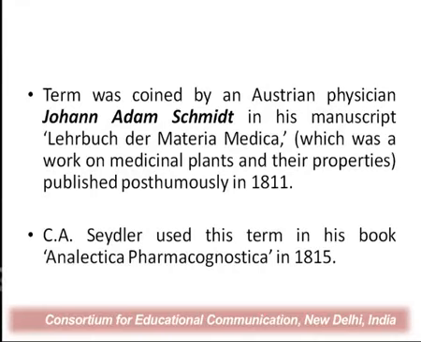So Schmidt was the first person who mentioned the term Pharmacognosy in his manuscript, and though he died before it was published, he is considered the father who gave the term. Later on, in 1815, C.A. Seydler also used the term Pharmacognosy in his book Analecta Pharmacognostica. This was in brief about how the subject was developed, how the subject was born.